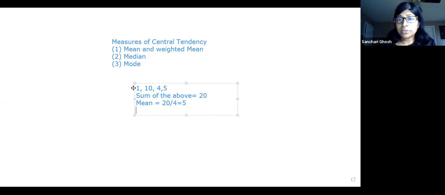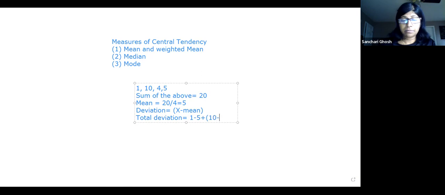So what is the sum of the deviations? The deviation will be the value x, which will be 1, 10, 4, 5, whatever it is, minus the mean, which is here. That's the mean. So if you see the total deviation, you will see 1 minus 5 plus 10 minus 5.